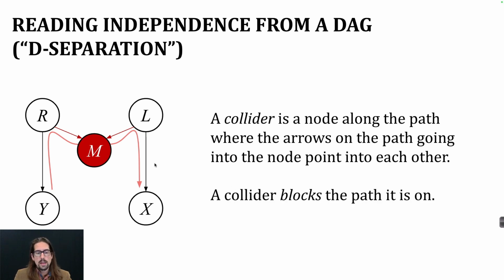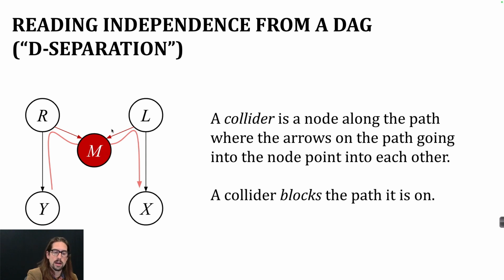Now, we also talked about blocking, and a path can be blocked by something called a collider. A collider is a node along the path where the arrows on the path going into the node point into each other. In this example, M is a collider, because if you look at this path, it goes into M via this arrow that's pointing into M, but then it goes out of M via this arrow that's also pointing into M. That is the definition of a collider.